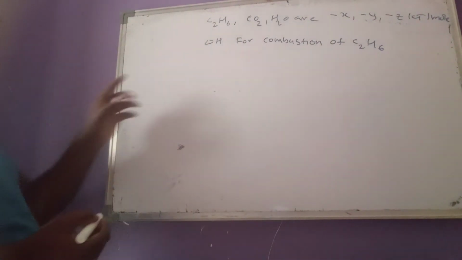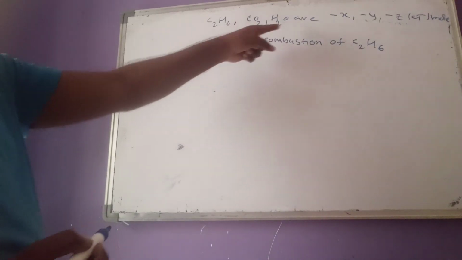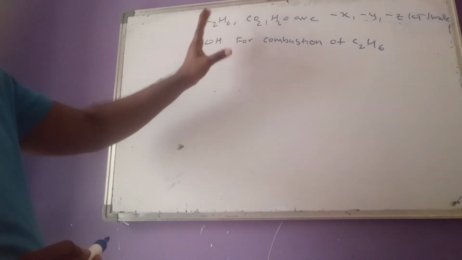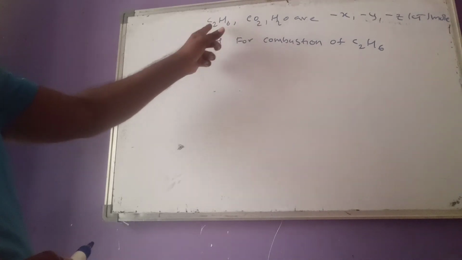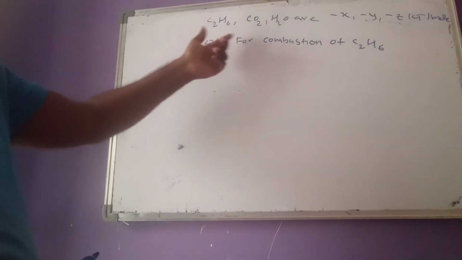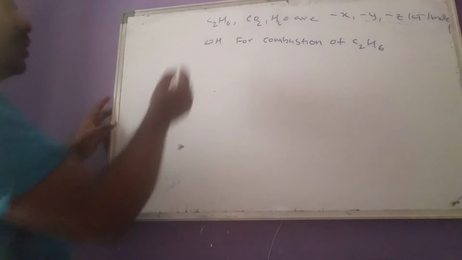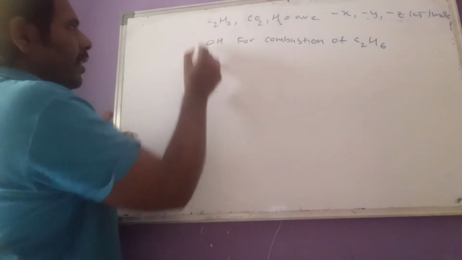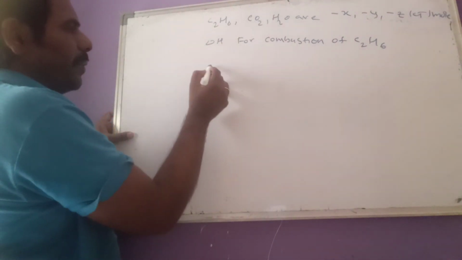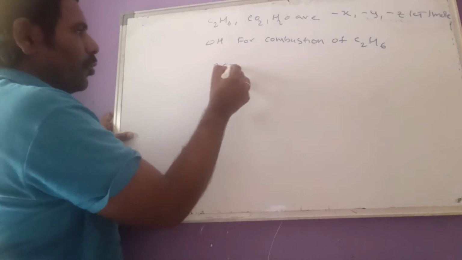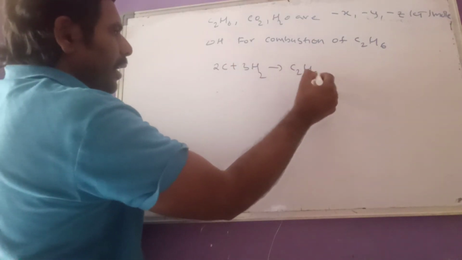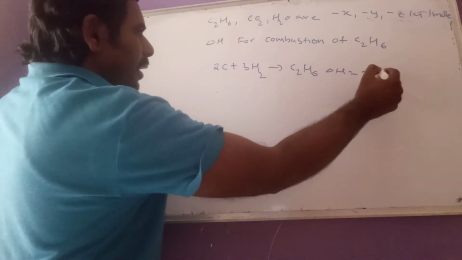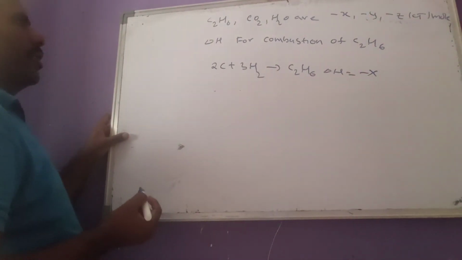First, as heats of formation are given, we have to write the three equations as the formation of those respective compounds. For C2H6: 2C plus 3H2 gives C2H6, delta H minus X kilojoule.